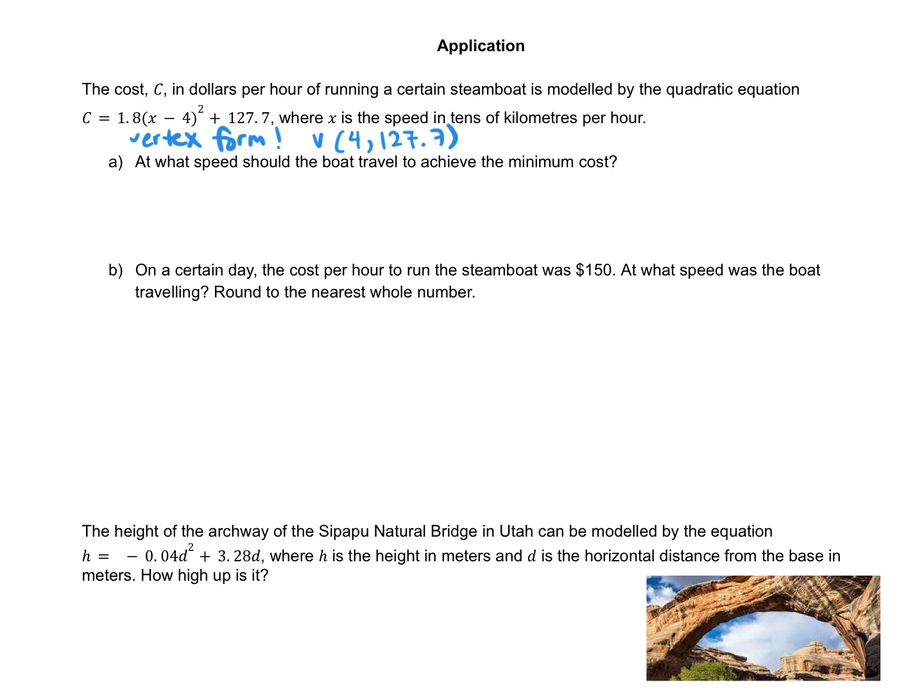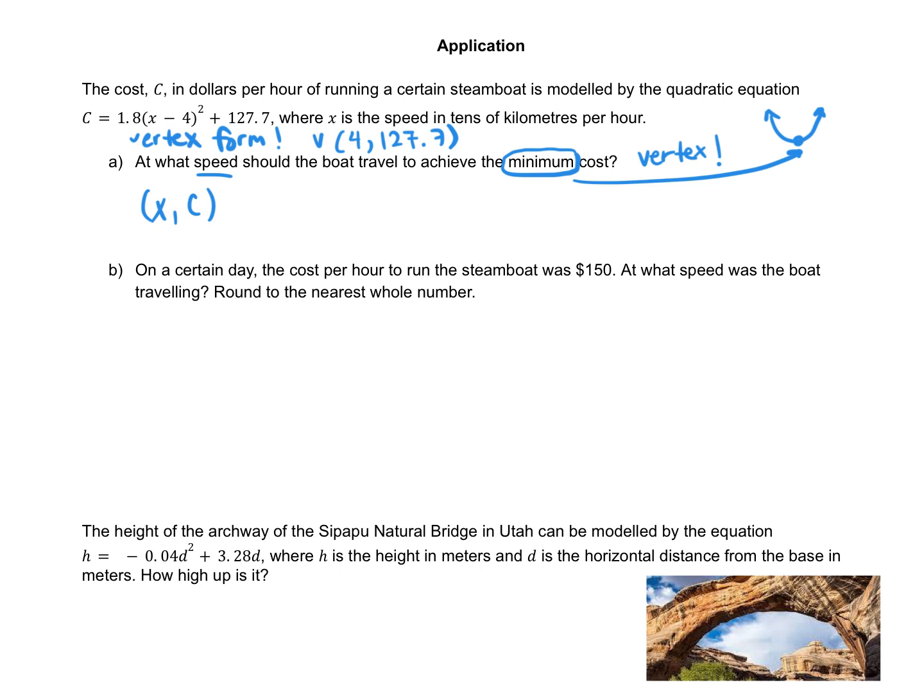So A, at what speed should the boat travel to achieve the minimum cost? The minute I see minimum, I am thinking vertex. And the fact that this parabola is opening up, and it's going to look something like this, the vertex is a minimum, so it matches up very nicely. Now, we are asked specifically for the speed, and a coordinate on this parabola is going to be (x, C).